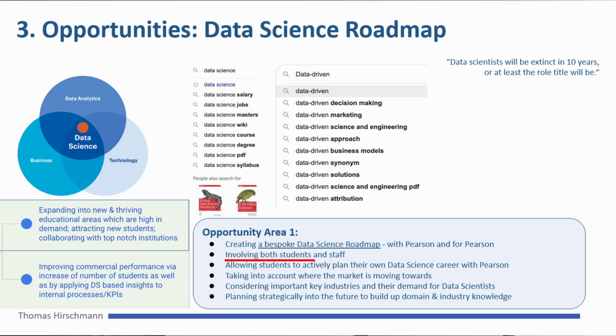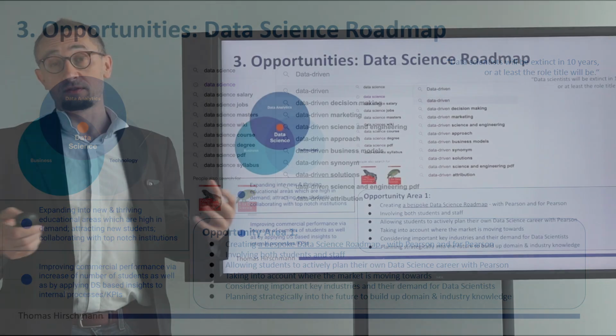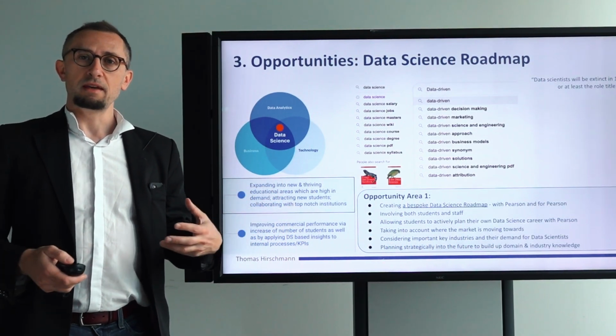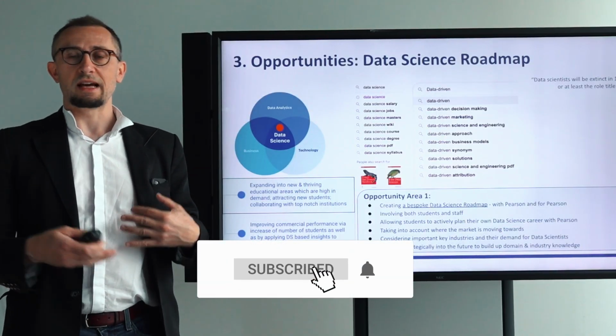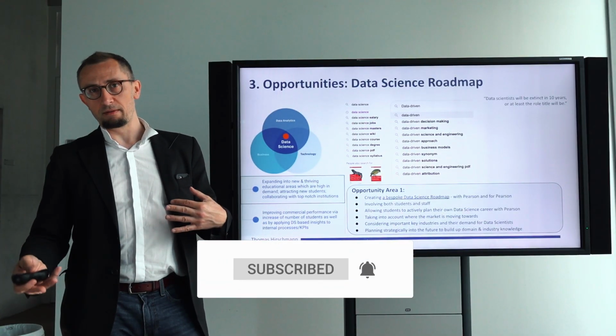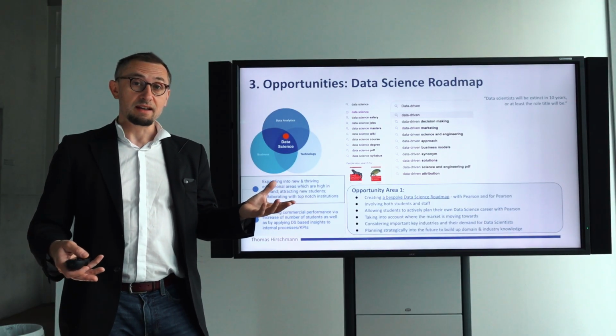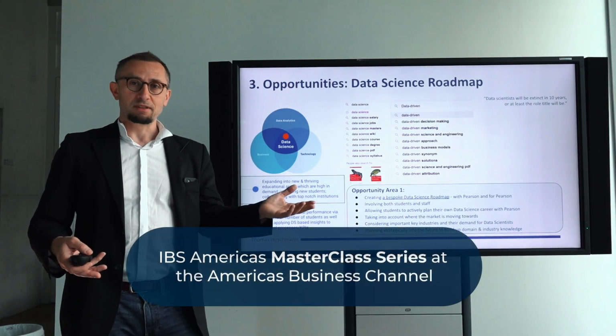Now, doing that, you should obviously involve both students and staff in order to learn where are the biggest shortcomings, but also the biggest opportunities. Now we're talking about opportunity areas. Maybe you want to understand which courses that you're already delivering perform the best and why. Where's the demand the highest, or where are the gaps in the market?